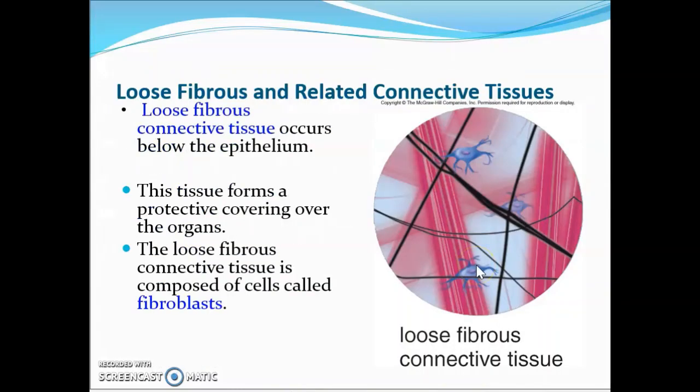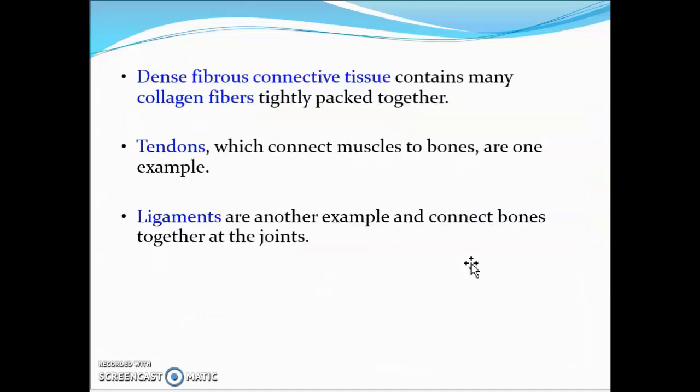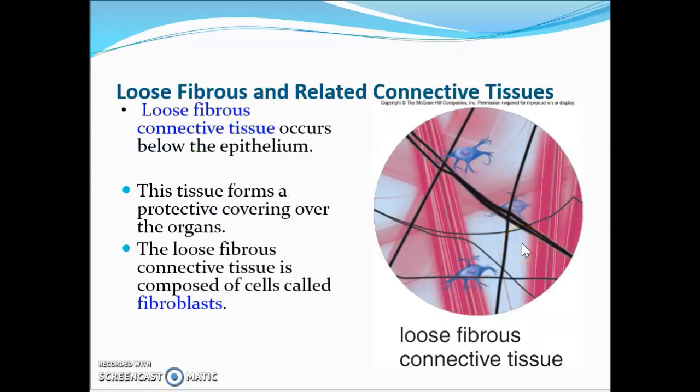There are two different types of fibrous tissue. The first we call the loose fibrous tissue, and the second is the dense fibrous tissue. In general, loose fibrous tissue, or loose fibrous connective tissue, can be found below the epithelial layer.